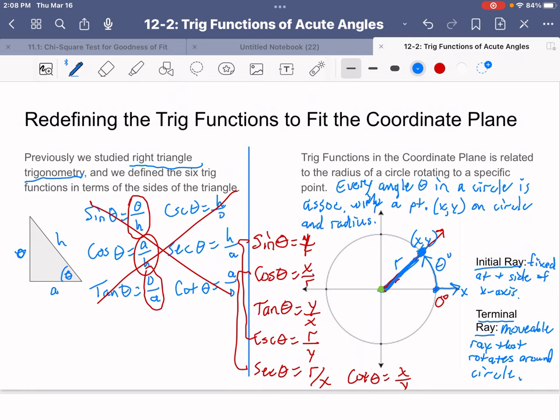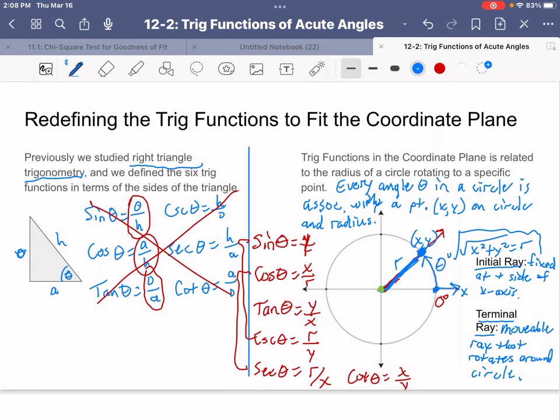Notice that the radius is really just the Pythagorean theorem associated with the ordered pair. So x squared plus y squared equals radius squared. Can I say that the square root of x squared plus y squared equals the radius? And can I think about that as the formula I need for finding the radius, and I don't even need to draw that triangle anymore?